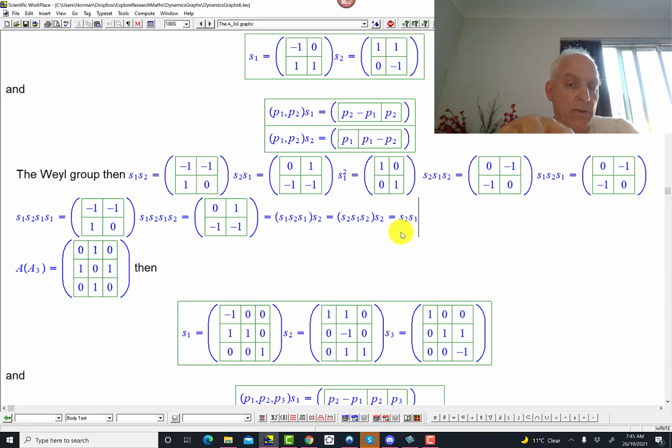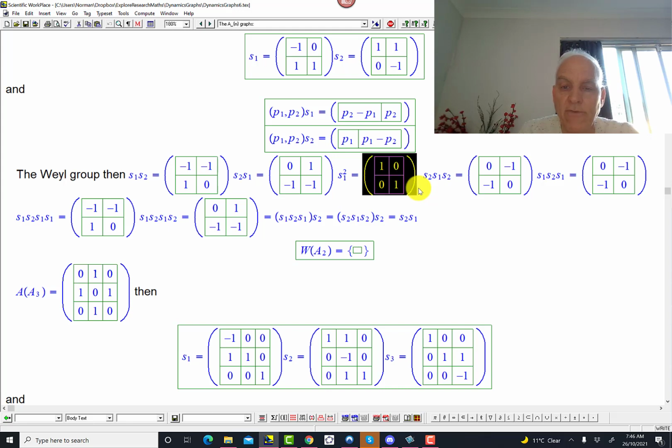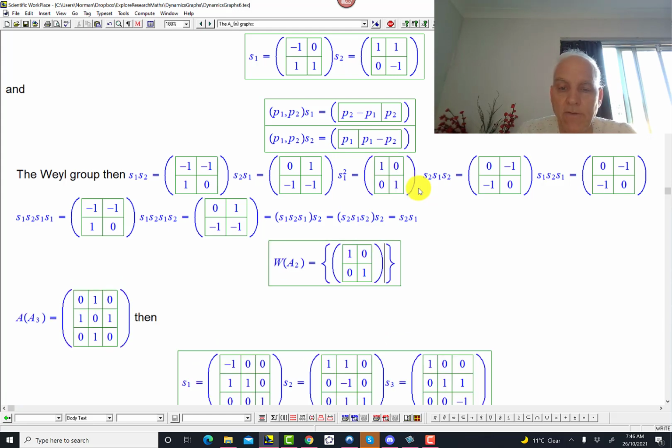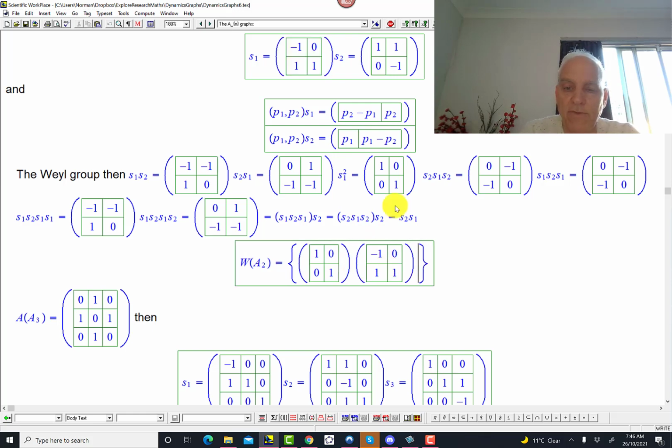So using the braid relation, we can pretty easily convince ourselves that the entire Weyl group is now already on the page here. So the Weyl group of A sub 2 is a set. So I'm going to list all the matrices. There's the identity. It's a set, so I'm just going to put spaces because I like making spaces. And then there's S1, so yes, that's a generator. Space. S2.